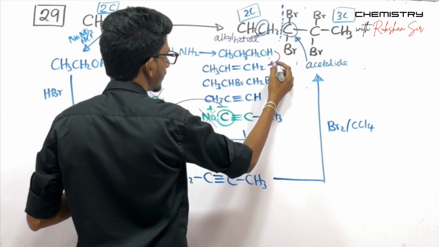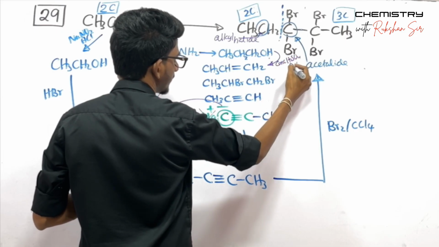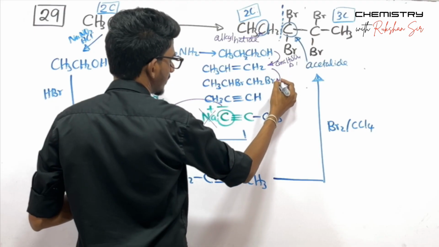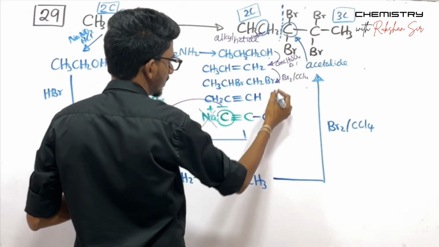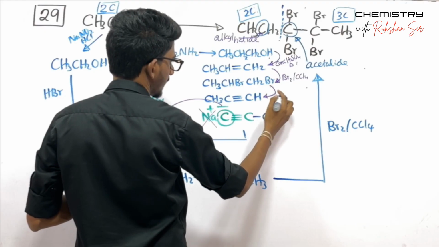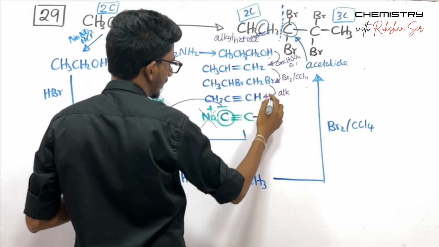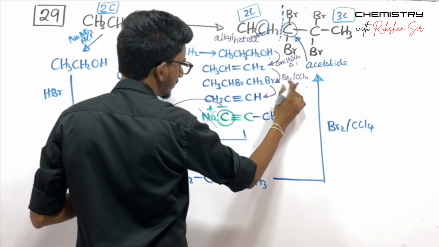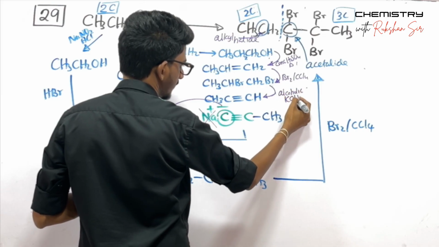This can be done on H2SO4 and heating. This can be done by adding Br2 CCl4. This can be done to get rid of 2 HBr molecules to complete the alkyne, right? Alcoholic KOH.